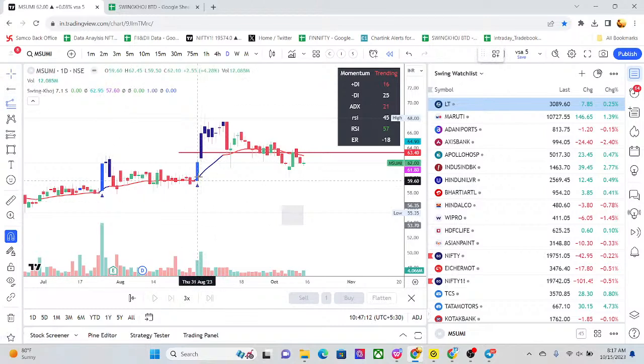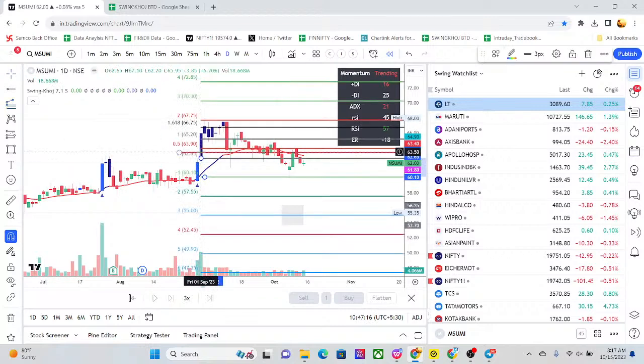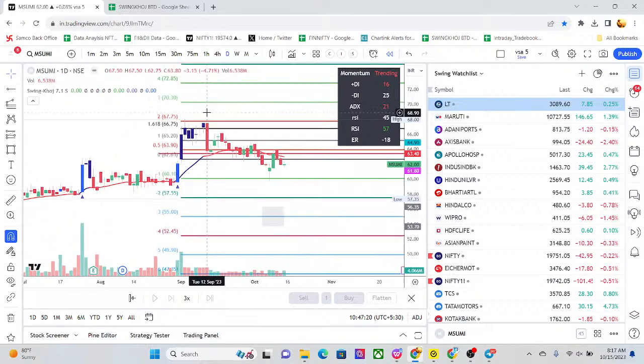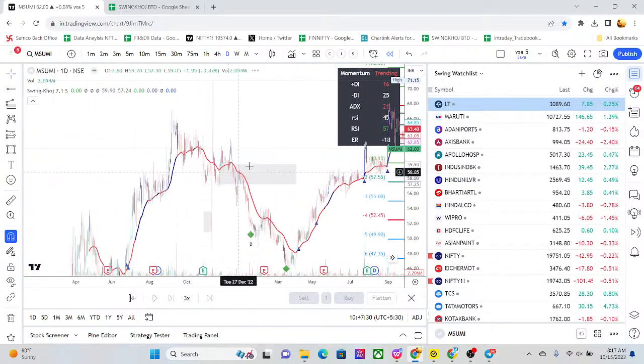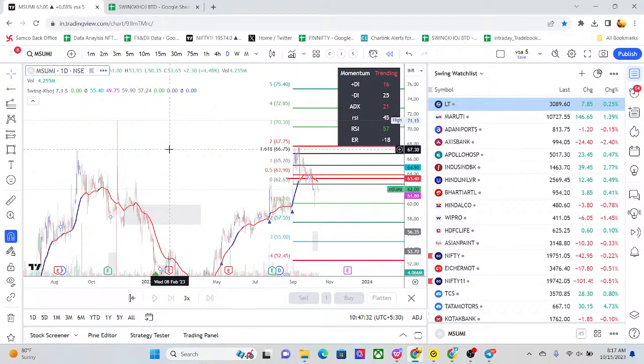So we'll go. Okay, you can see 1:1 is almost done. But the stop loss is hit here after 1:1. Is there any resistance here? Yes, there is a resistance here, right?